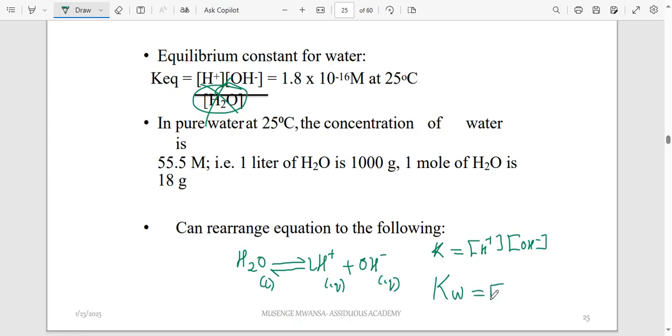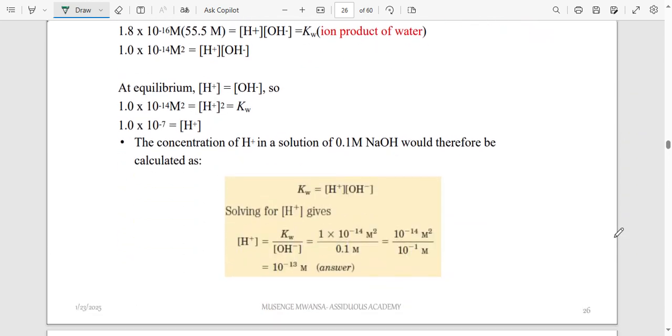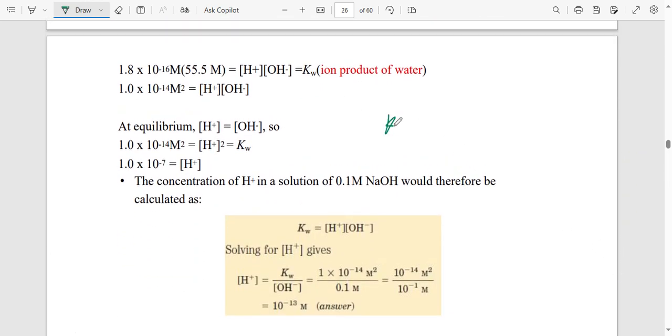So Kw is given by the concentration of hydrogen multiplied by the concentration of hydroxide, the water dissociation constant. And for pure water, the concentration of hydrogen and the concentration of hydroxide is normally the same. Since Kw is going to be equal to 1 times 10 to the power negative 14, okay, which we can see, where is it here?